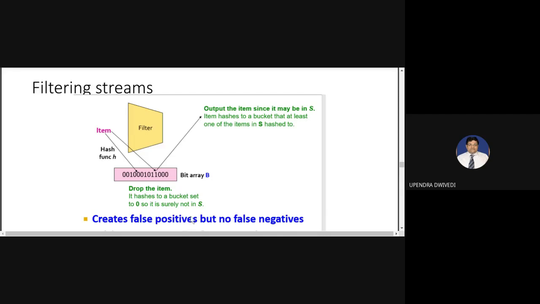What does it represent in a news website scenario? Suppose you have subscribed to a news website and defined certain preferences, a set of keywords like politics, cricket, and so on. It may be possible that at a given time you will get news which is not related to politics or cricket, based on the filtering stream.